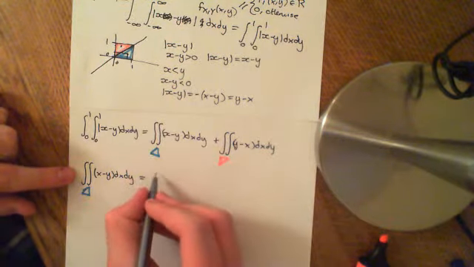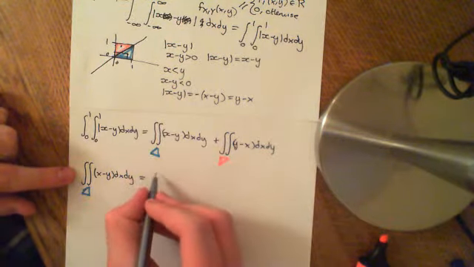So I'm going to integrate from 0 to 1 dx. Now all we need to work out is what we're actually integrating inside. Well, we're going to integrate x minus y dy, but what are the limits of integration going to be in this case? Well, they're going to depend on x, because the height to which we go is going to be a function of x.